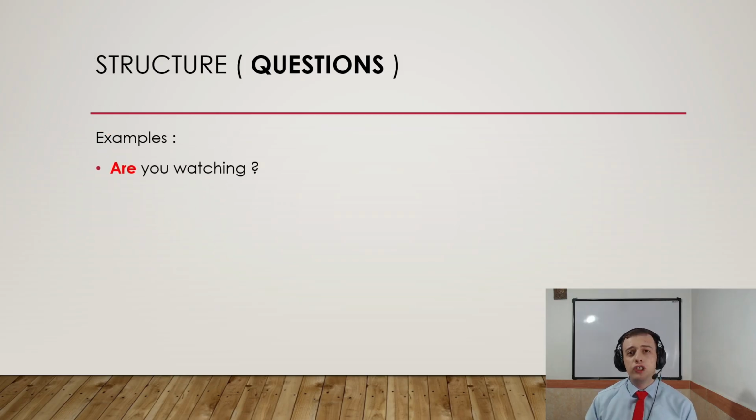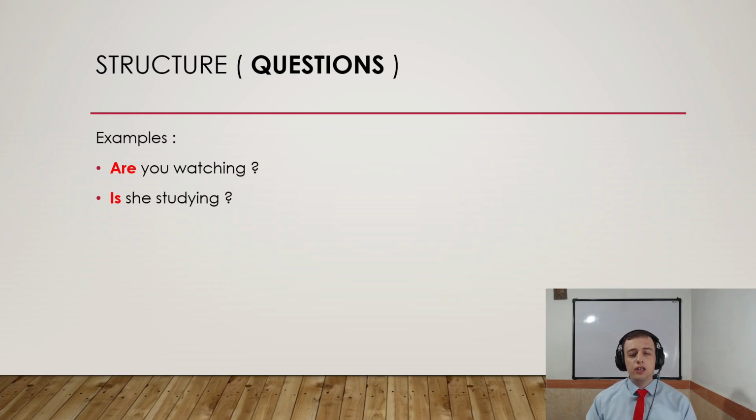Are you watching? I changed the place of are and you. For example, the sentence was you are watching, and I said, are you watching? All right, so is she studying? How do you answer that?